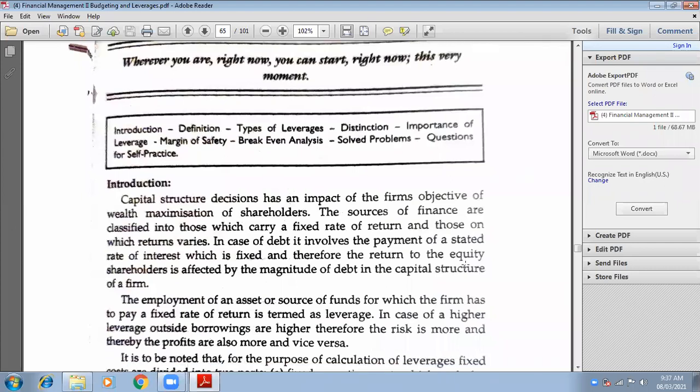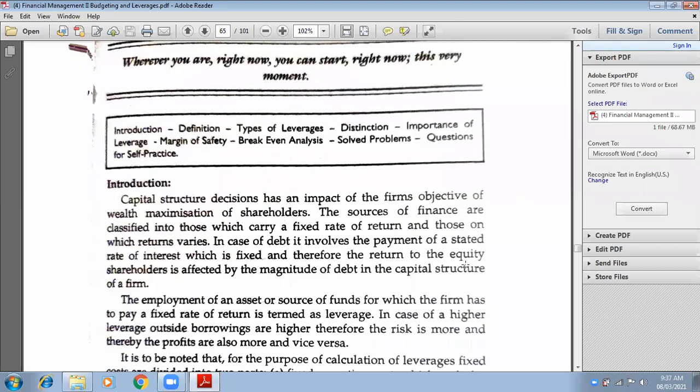See, whenever a company has borrowed funds, from your profits, suppose you are earning a profit of rupees 2 lakhs. From the 2 lakhs, you will have to pay interest on borrowed funds. So there is a portion of payments to be made to the borrowed fund holders, and that is to be paid from your profits.